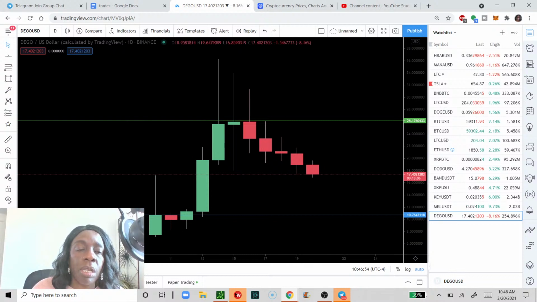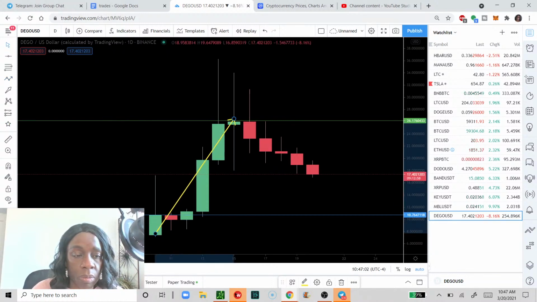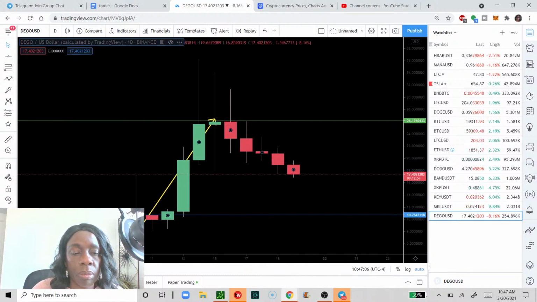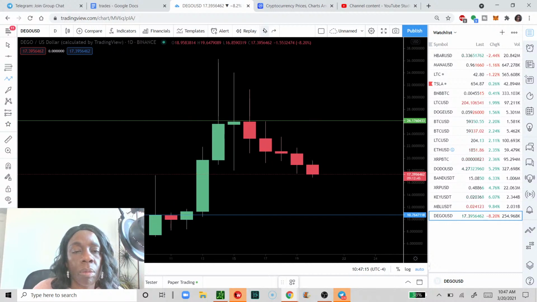Stocks, coins, we like zigzag movement. Zigzag movement is healthy. We go up, we come down. Okay, let me try that again. Again, I have to get more comfortable with my teaching tools.